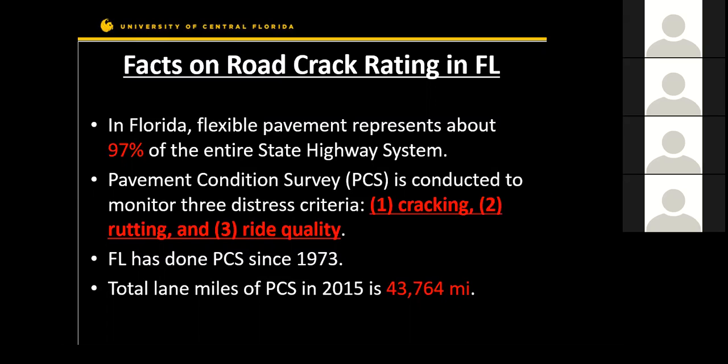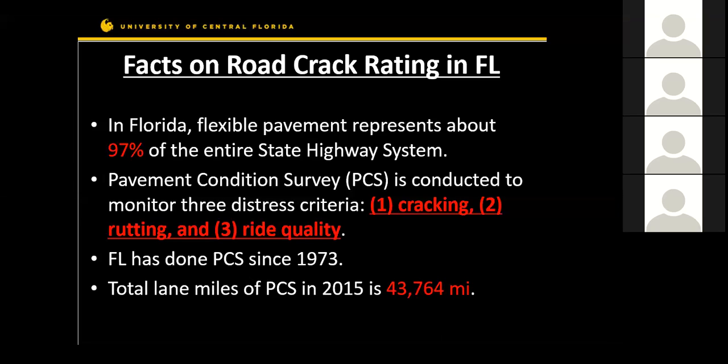From these 3, 2 of them, rutting and ride quality, are already automated, either with a laser profiler or the accelerometer on the vehicle. They can be calculated and measured very quickly at highway speed and very accurately.